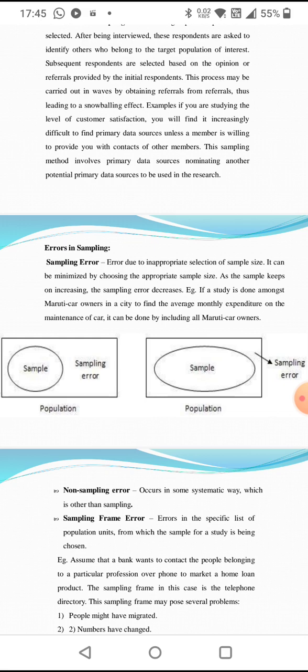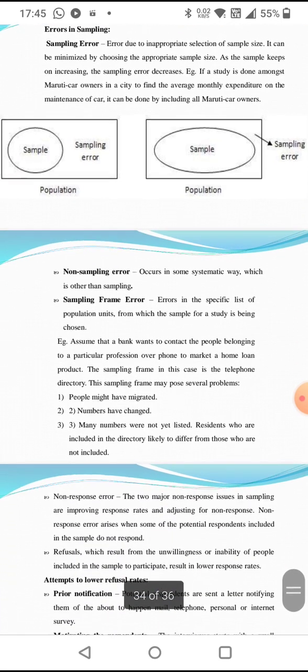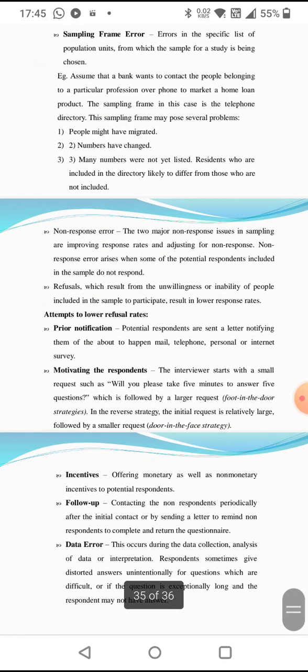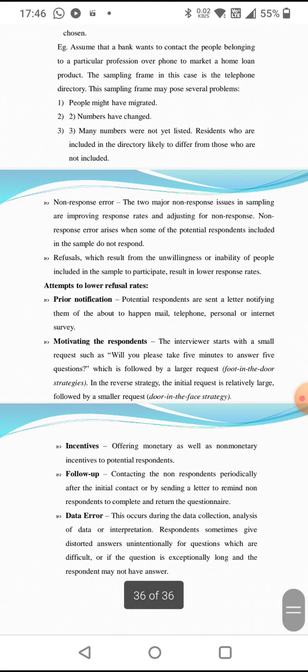Non-sampling error occurs in some systematic way which is other than sampling. Sampling frame error: errors in the specific list of population units from which the sample for a study is being chosen. Non-response error. The two major non-response issues in sampling are improving response rates and adjusting for non-response.